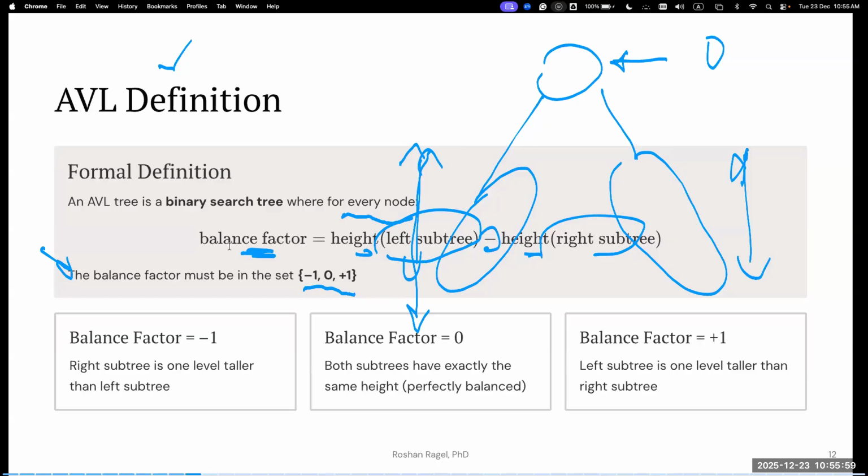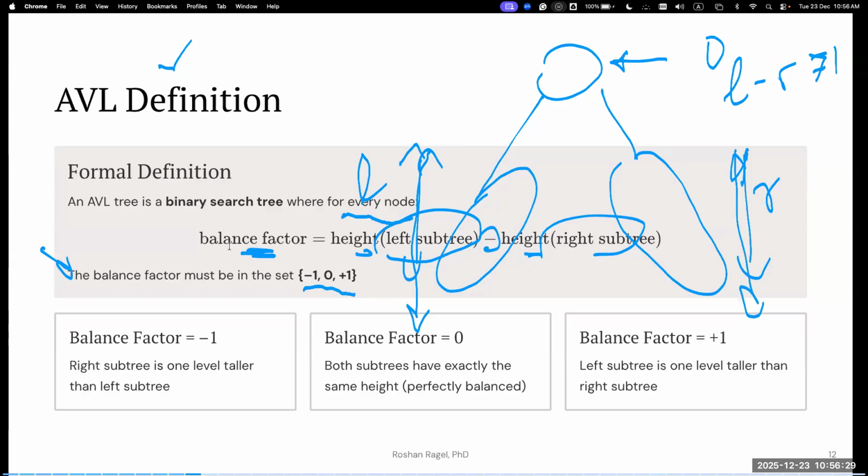Let's say left subtree L, right subtree R. If L minus R is greater than 1, then it is not balanced. If it is 1, then it is still balanced. If it is 0, still balanced, both are equal. If it is -1, which means R is one height larger, that's also okay.